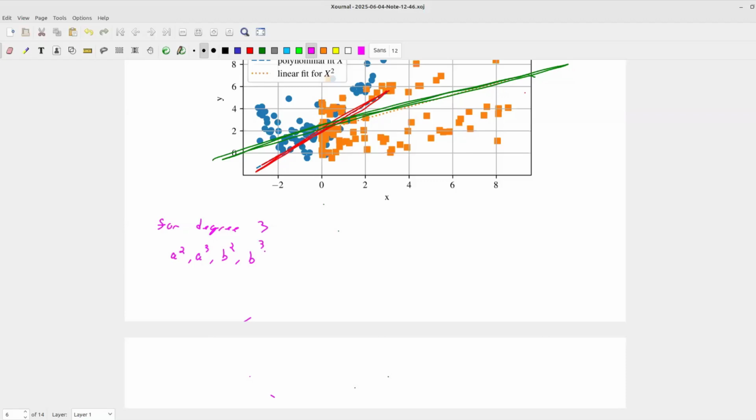And then we would have to combine all of those. So we would also have to do ab, a squared b, and ab squared, right?